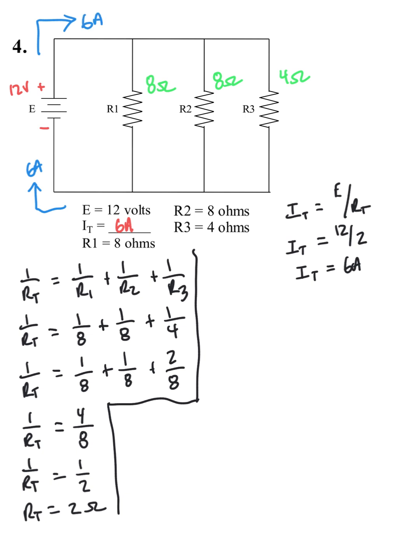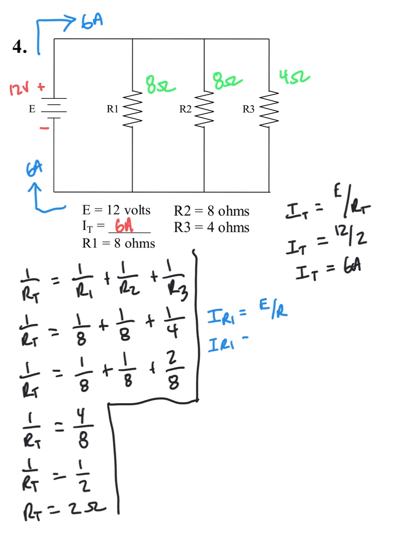So from here now, we can solve for the branches here. R1 and R2 are going to have the same current because they have the same resistance through them. So I'm just going to solve for the first one. So for 1 would be voltage divided by resistance.